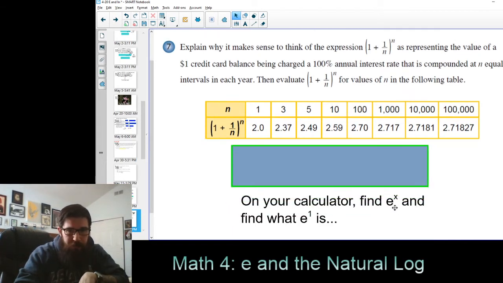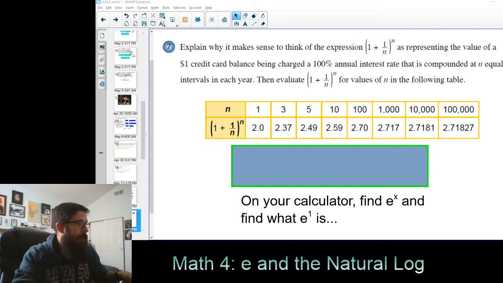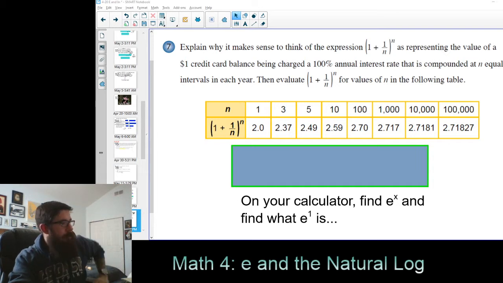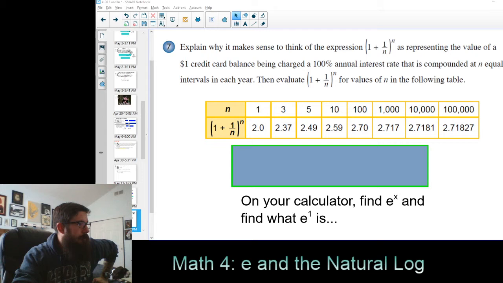If you've got a calculator, take out e to the x, and I should be able to do this on here. Let's see if I can pull it up. Sorry about that. This gives you a nice second here to do it. Trying to pull up the calculator on my computer as well.